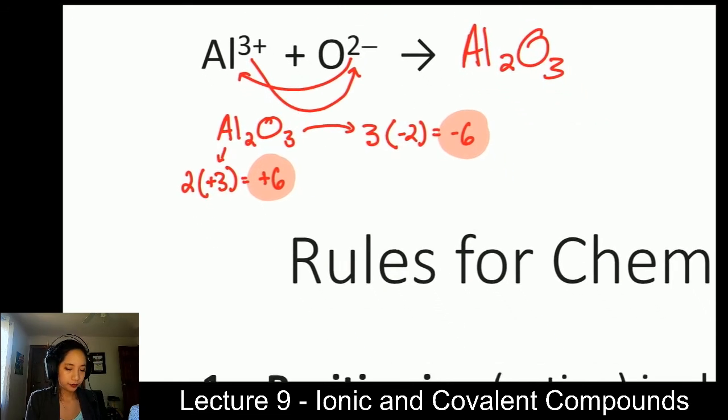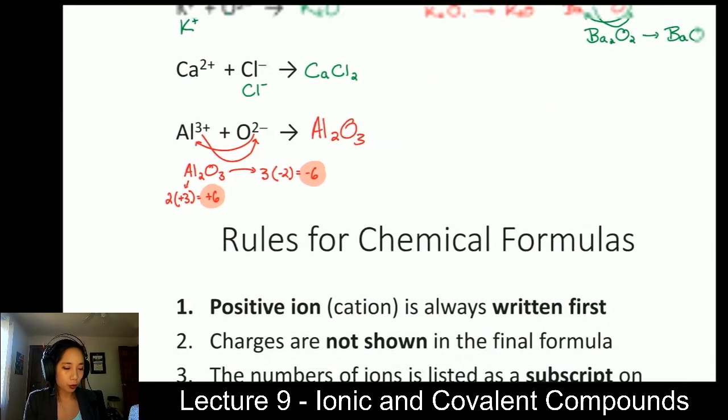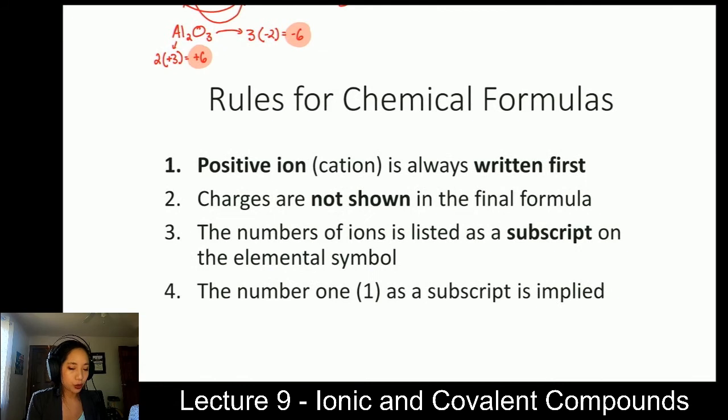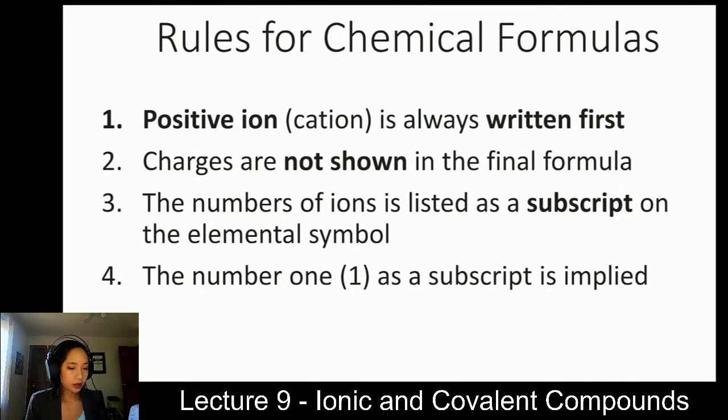Okay. So I wrote all those chemical formulas, so I'll just summarize the rules that I used. The rules for writing chemical formulas: you always put the cation first. The cation, or the metal, always goes first.